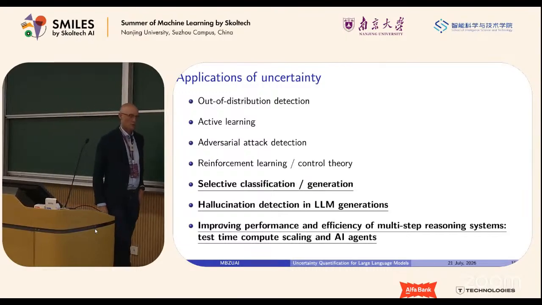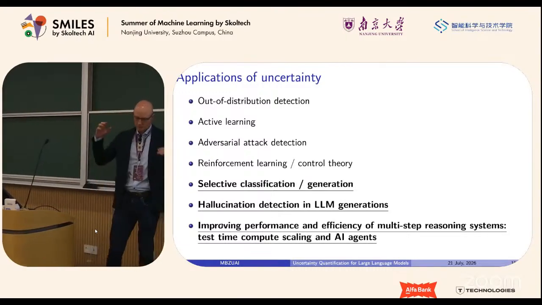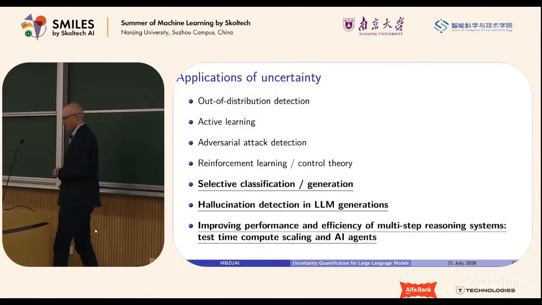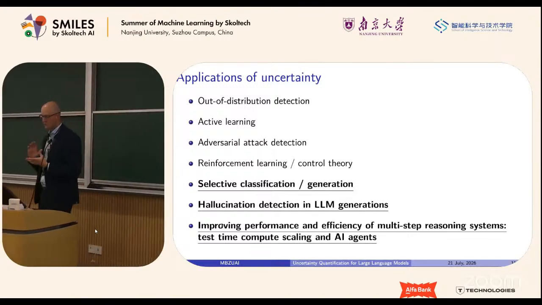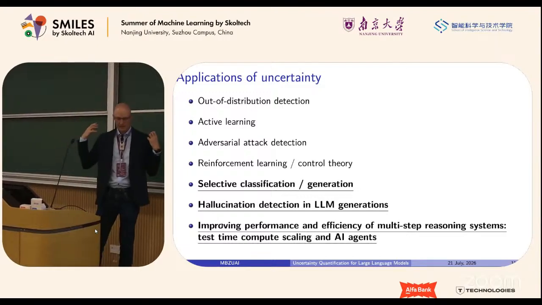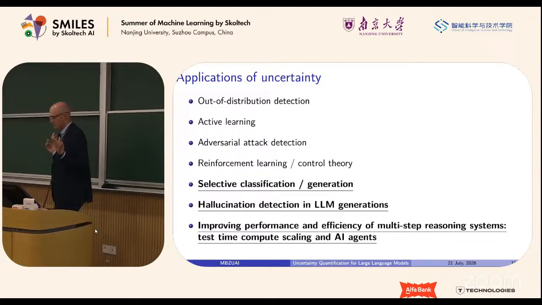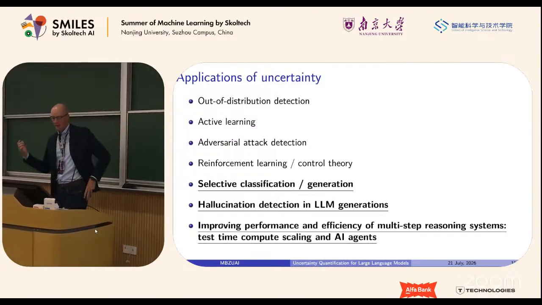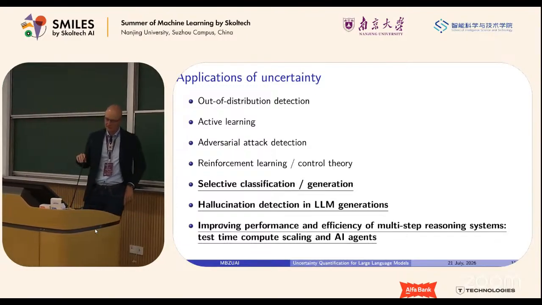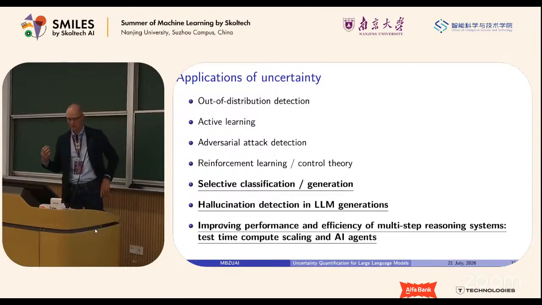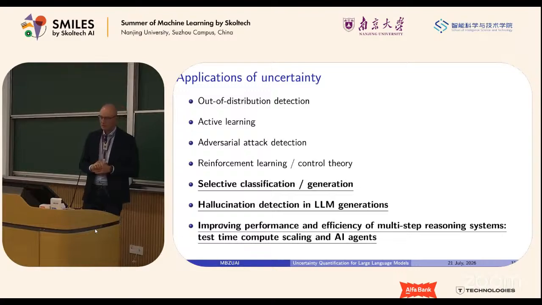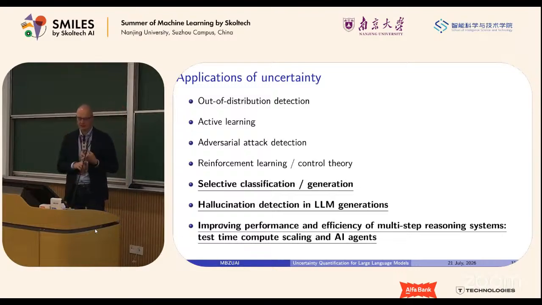Just a few words before we dive into a lot of theory and a lot of methods: what uncertainty is and how it can help us deal with our day-to-day tasks. Actually, it has a lot of applications, not just selective classification and hallucination detection that we will be focusing on during the talk, but also adversarial attack detection.